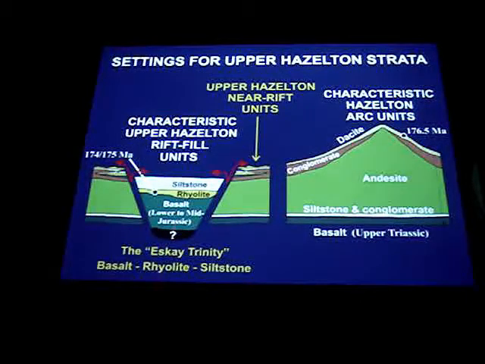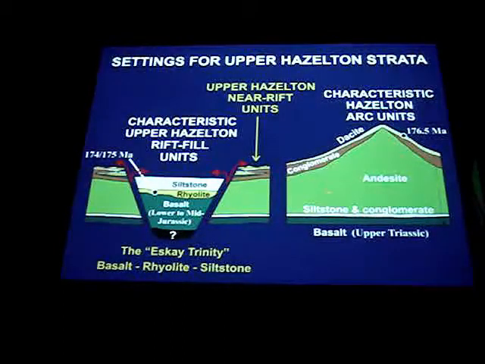There's a question mark down here, and that's just there to remind me to mention that it's not that we don't know what sits in the floor of the rift, it's that it's highly variable. The rocks in the floor of this rift, the rocks that existed before the rifting started and the floor dropped down, the pre-rift stratigraphy here, can range from the uppermost part of this stratigraphy in here, and that's what you see at the Eskay mine.